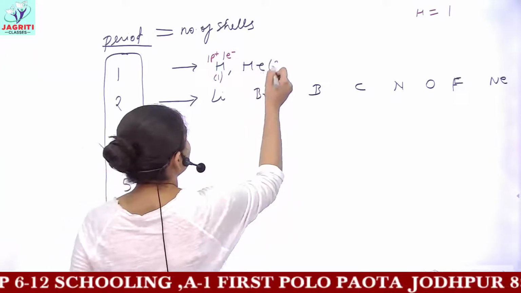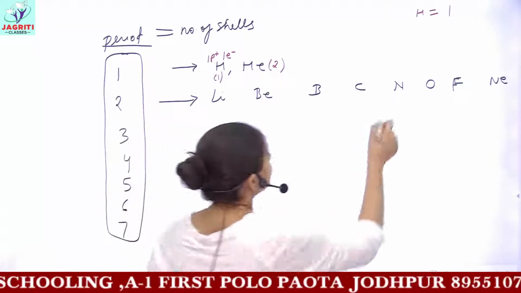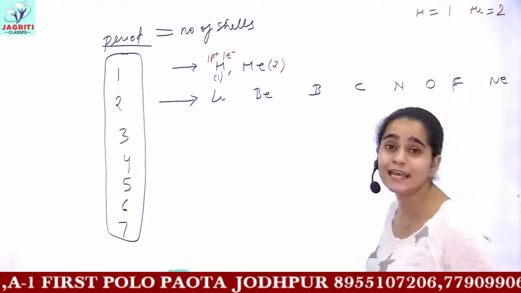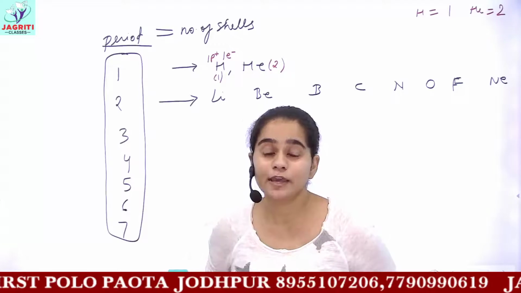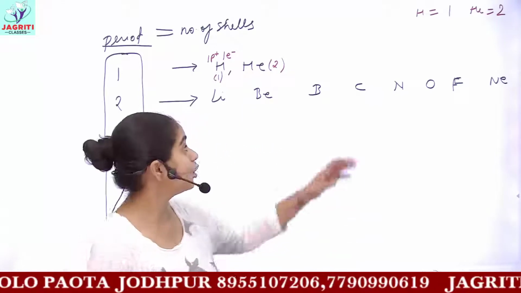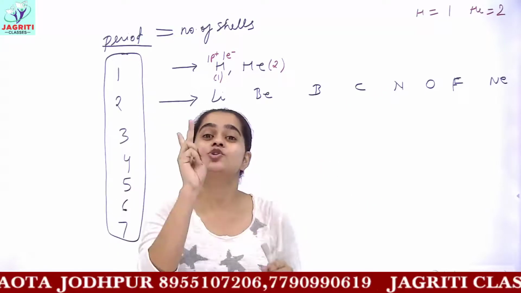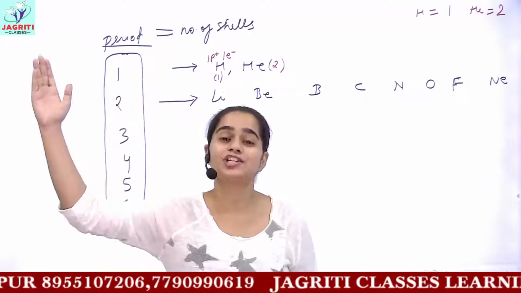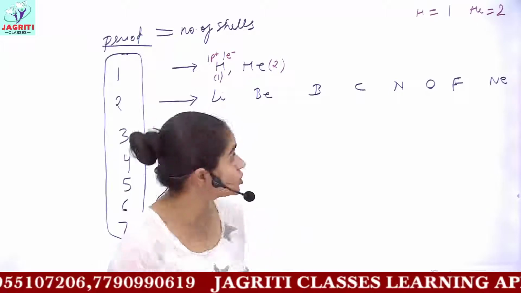The atomic number of helium is 2. So if I write the configuration of helium, I'll get 2 electrons in the K shell. You already know from the models you have studied that you can arrange 2 electrons in your K shell, and then in the remaining L, M and N shells you can have 8 electrons each.